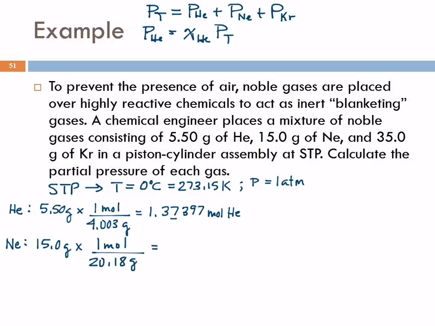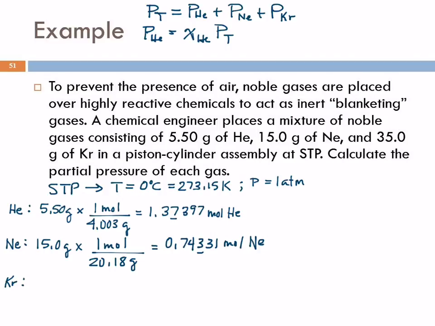So 15 divided by 20.18 is 0.743 moles of neon.